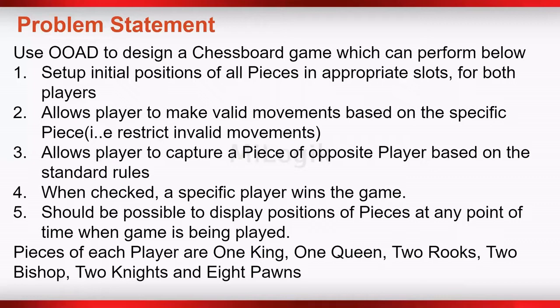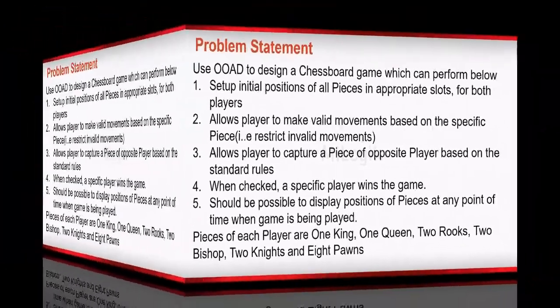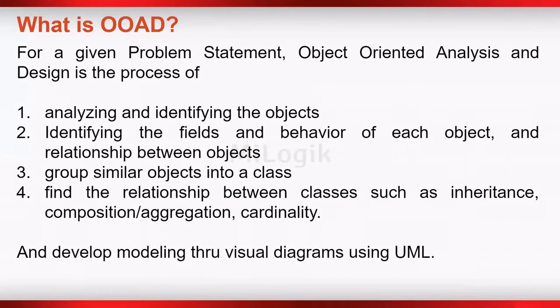So let us use object-oriented analysis and design to come up with the software design or the system design. So what is OOAD? As per OOAD, for a given problem statement, first we need to analyze and identify all the objects in the problem domain one by one.